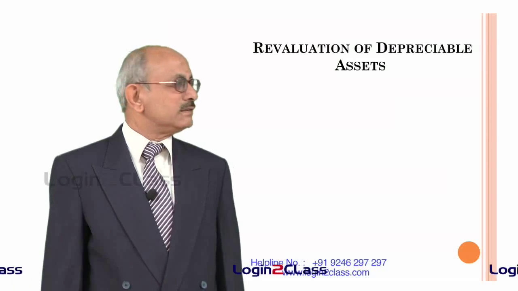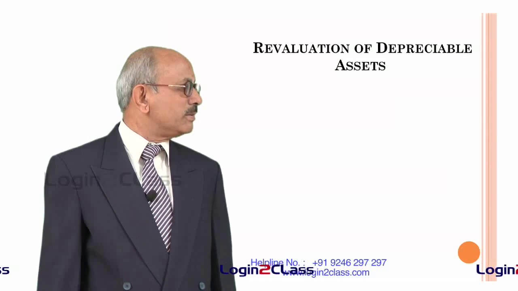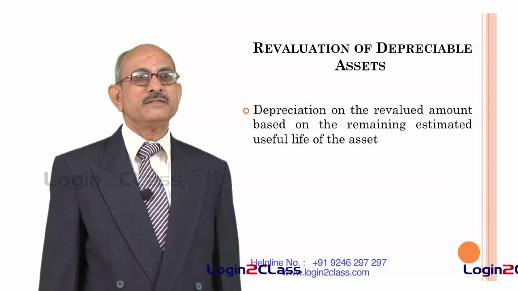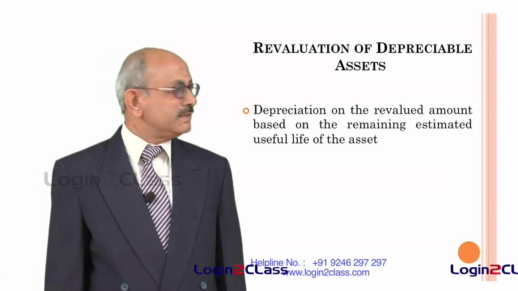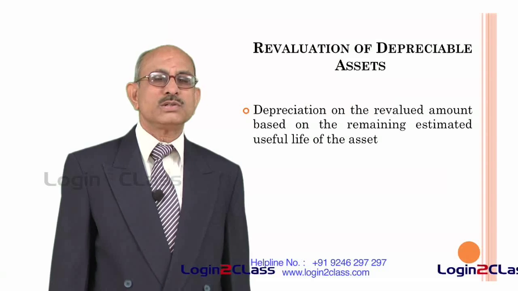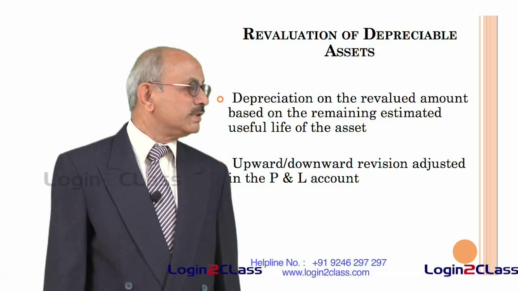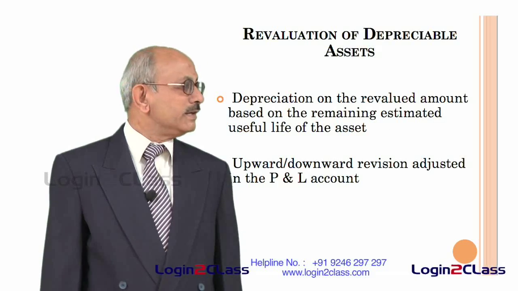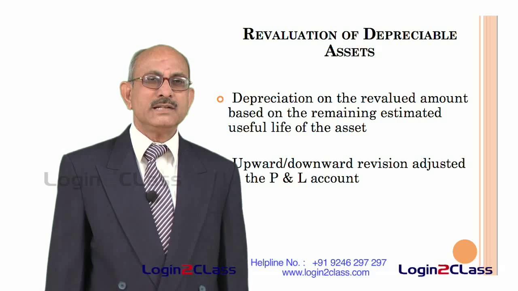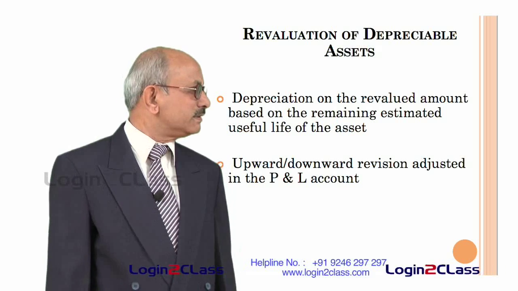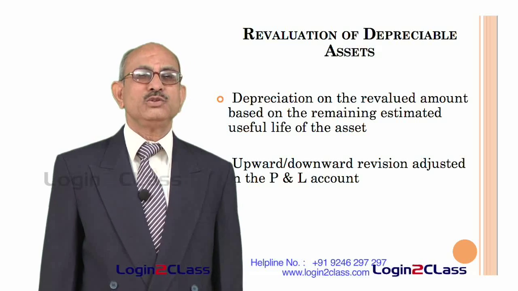So, depreciation on the revalued amount is based on the remaining estimated useful life of the asset. For example, an asset is revalued during the course of the life of the entity. So, in that case what they have to do is, in addition to revaluing the asset, they have to also reassess the remaining estimated useful life of the asset.